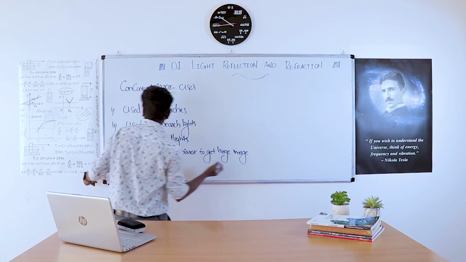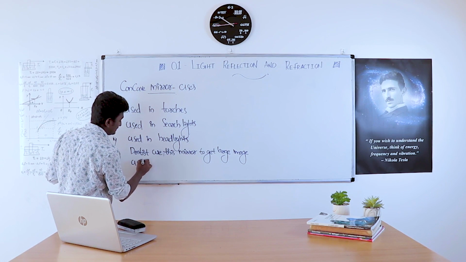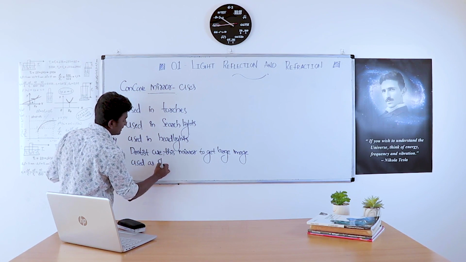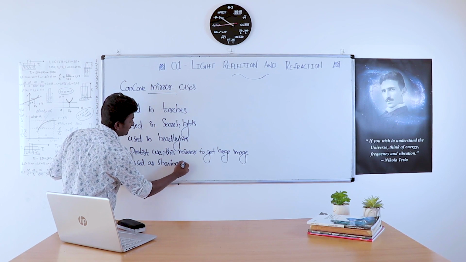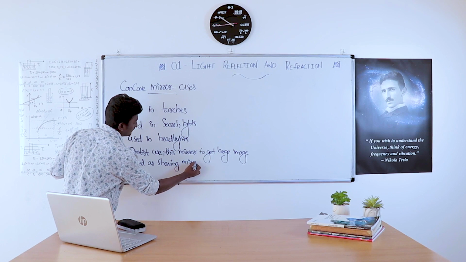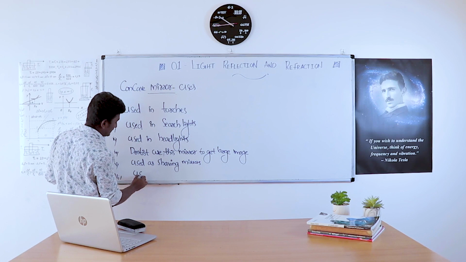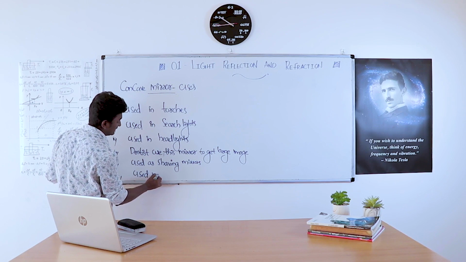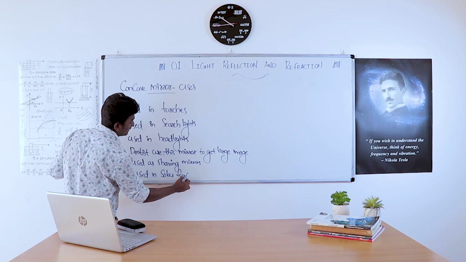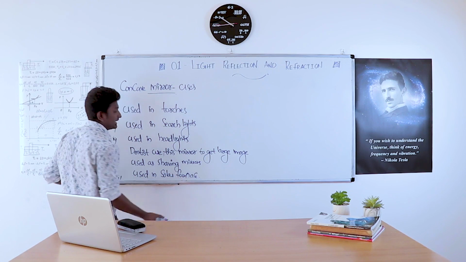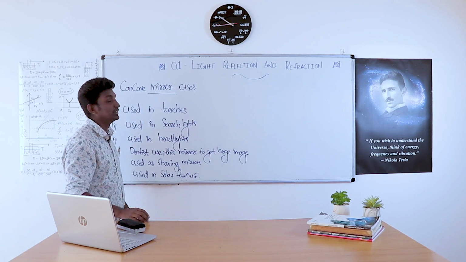Fifth one, this type of mirror is used as shaving mirrors. And the last one, it is used in solar furnace for concentrating sunlight.